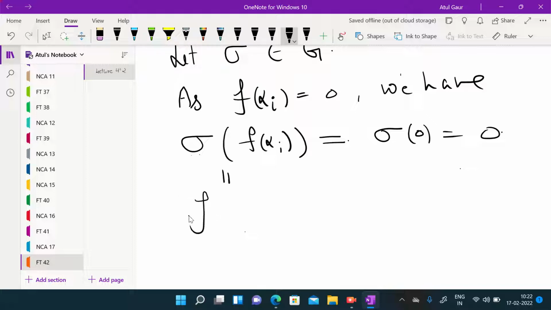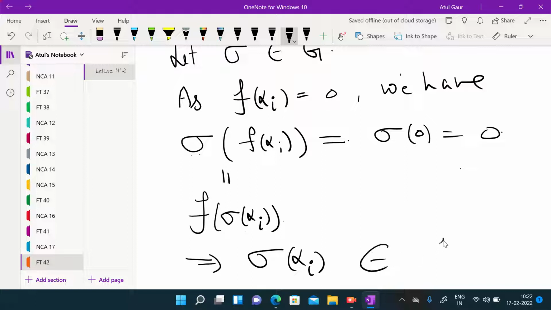So basically this will be f(sigma alpha i). We have already seen how it is. All right. So that means sigma alpha i is a root of f(x). So sigma alpha i belongs to S. So if alpha i is in S, then the image sigma alpha i is also in S, right.